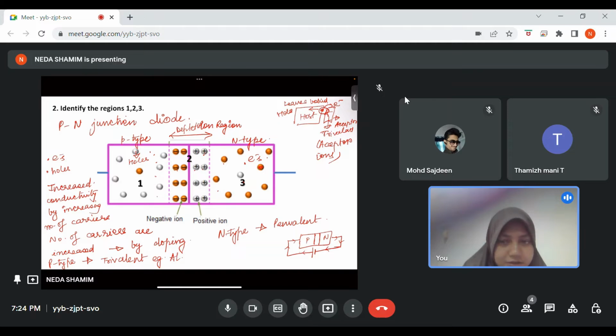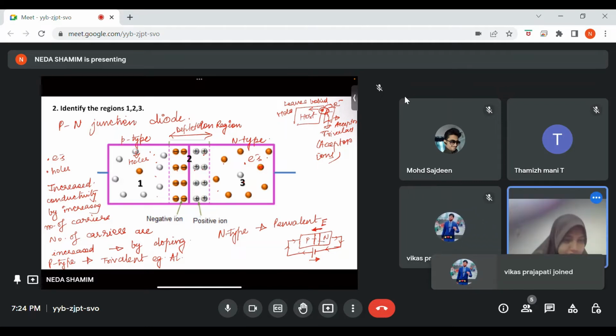There is an electric field developed over here until equilibrium. The electric field is from positive to negative. Now here I am giving another electric field, so they are countering each other. The positive terminal is repelling the holes from here to here. The negative terminal is repelling the electrons from here to here.